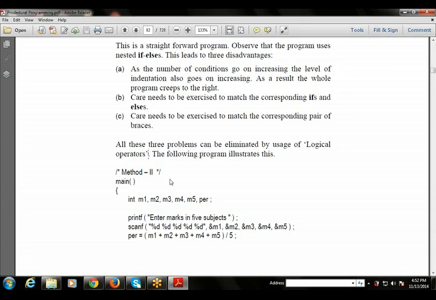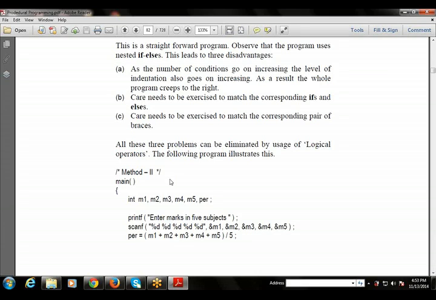The first part is the same, that is the main function. Then int m1, m2, m3, m4, m5, the marks obtained in 5 subjects, denoted by m1 to m5. Then there is a PER, that is a percentage. Then it uses the printf, enter the marks in 5 subjects.